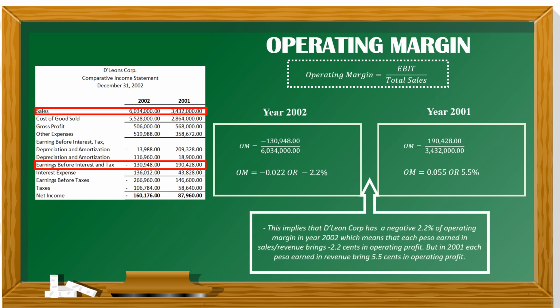Now, this implies that De Leon Corp has a negative 2.2% operating margin in 2002, which means that each peso earned in sales or revenue brings negative 2.2 cents in operating profit. But in 2001, each peso earned in revenue brings 5.5 cents in operating profit.